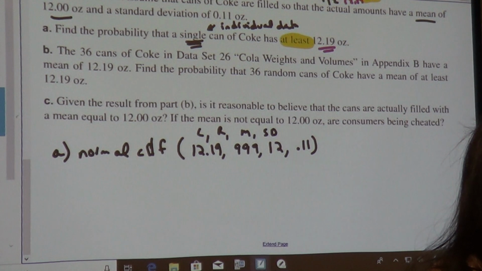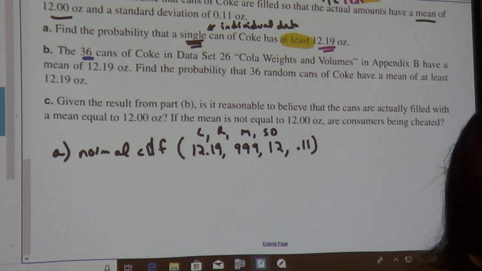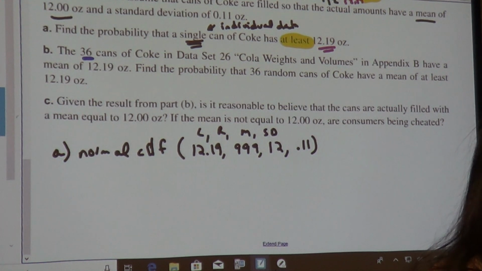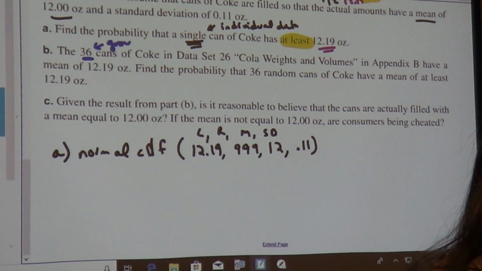But the next problem says we have 36 cans of Coke. So this one is group data. We just put 36 cans in a picture and said, hey, pose for the picture. Everybody's going to look skinny now.